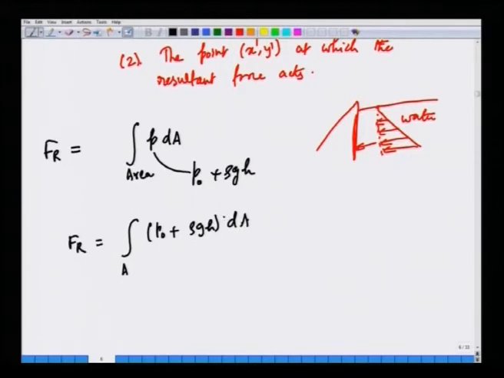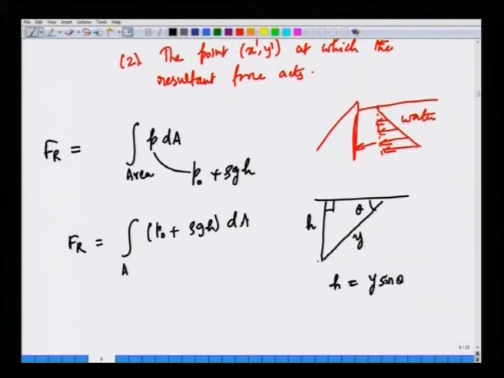Now, this is y, this is h, this is theta. Let's do it slightly differently. This angle is theta. So, this is the surface, this angle is theta, this is h, this is y. h is nothing but y sin theta.